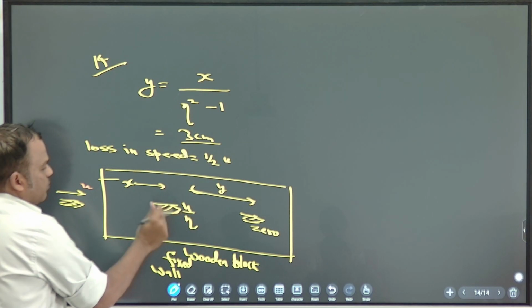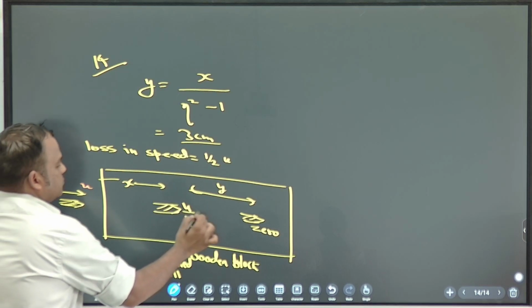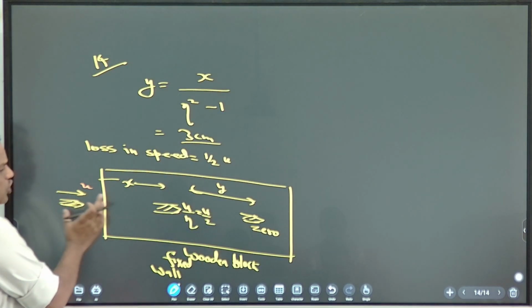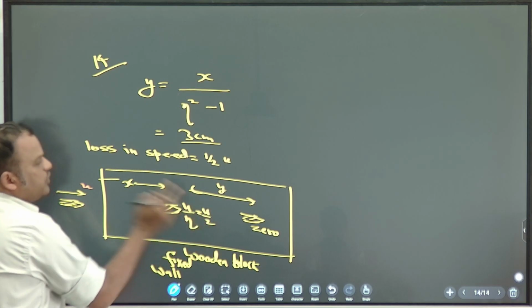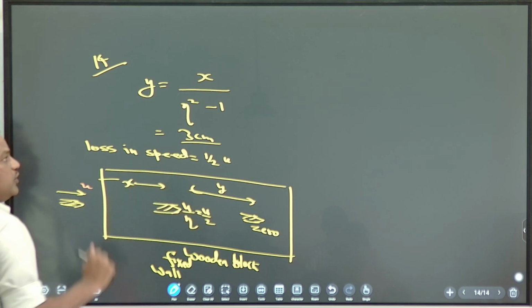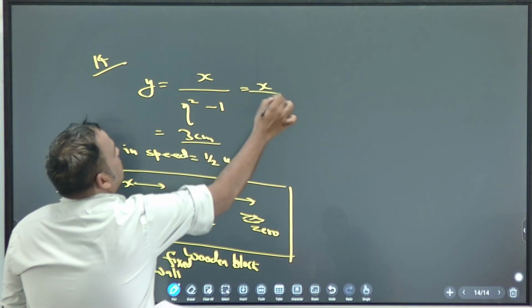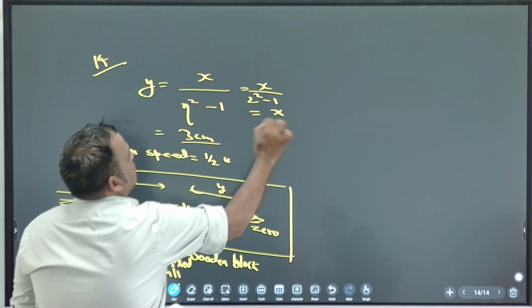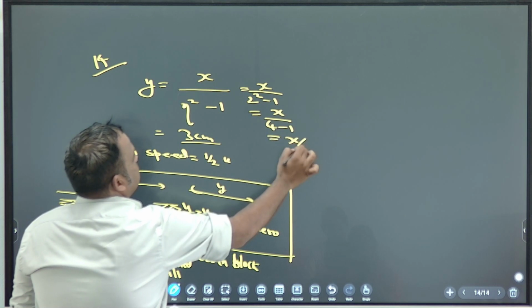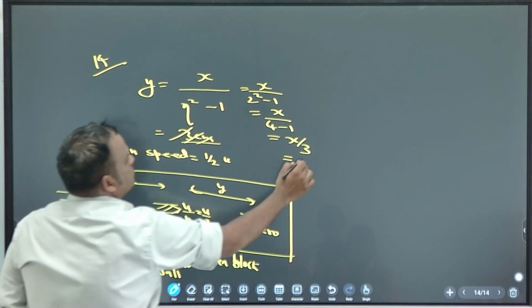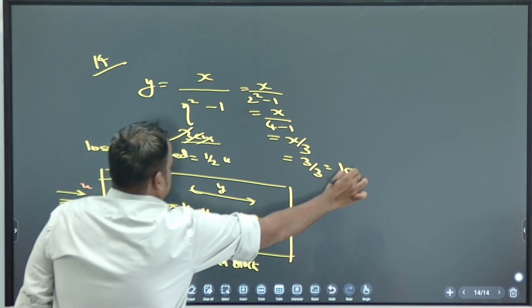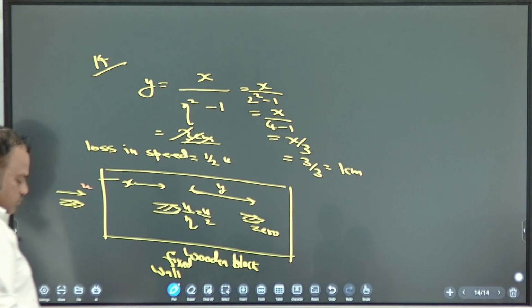If half speed is lost, how much is left? U by 2. So eta is 2. So x by 2 square minus 1, so x by 4 minus 1, so x by 3. And x is 3. So how much further will it go? 1.